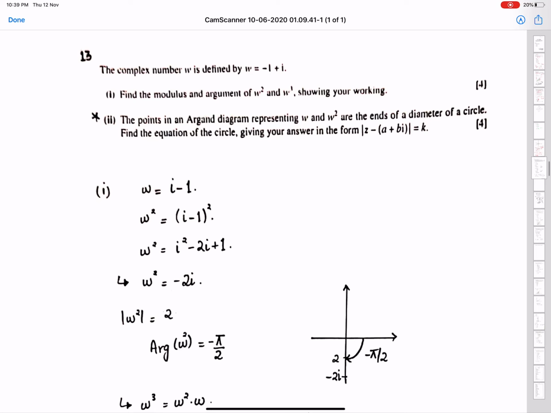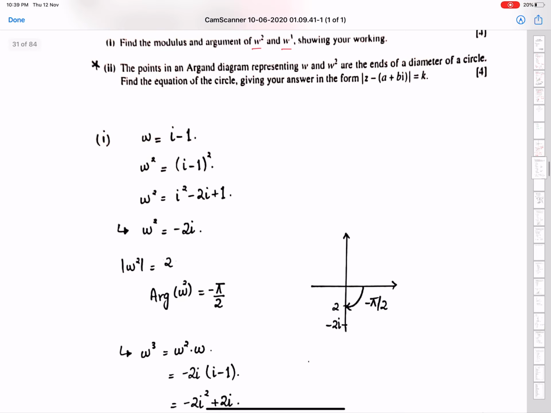Well, in this question, we have this complex number w. The question is to find the modulus and argument of w squared and w cubed. So this is very simple. This is the way to get w squared. Now make the Argand diagram for w squared, and according to this Argand diagram, the argument of minus 2i is minus pi by 2.